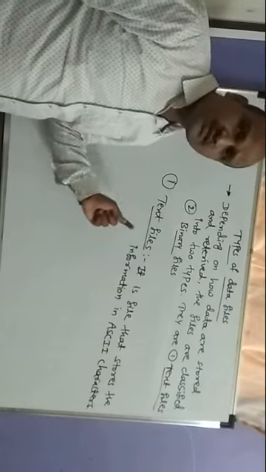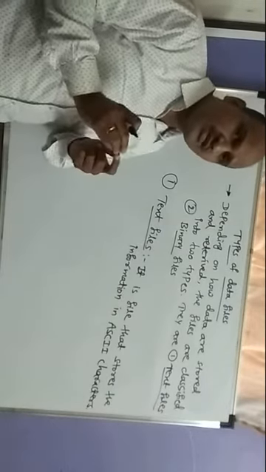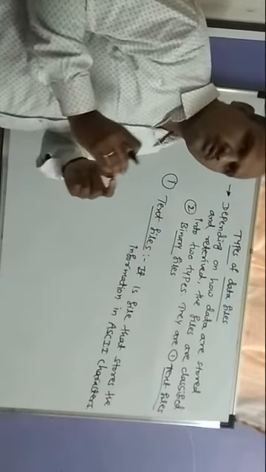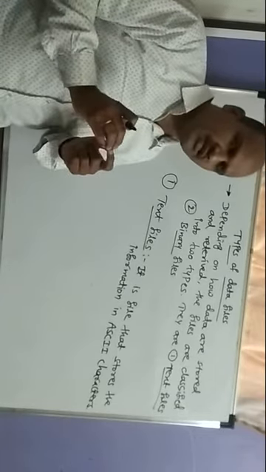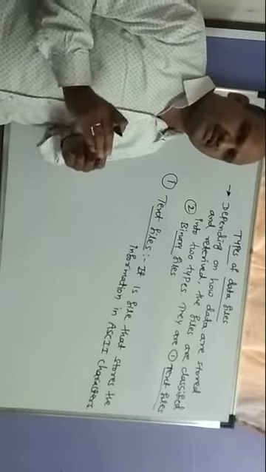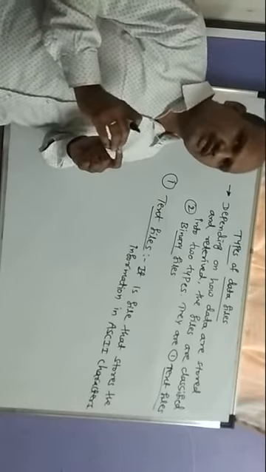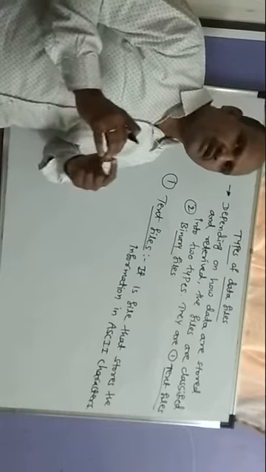In text files, each line of text is terminated with a special character. There is a special character known as EOL, that is, end of line.